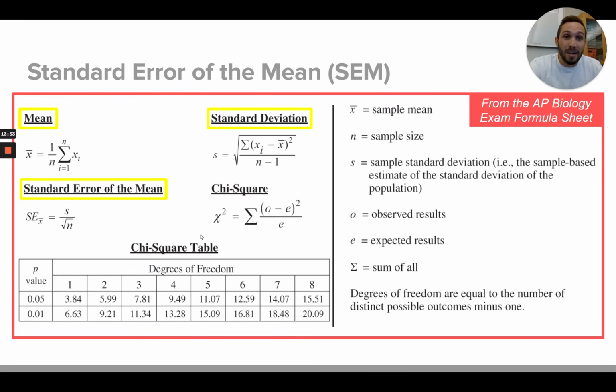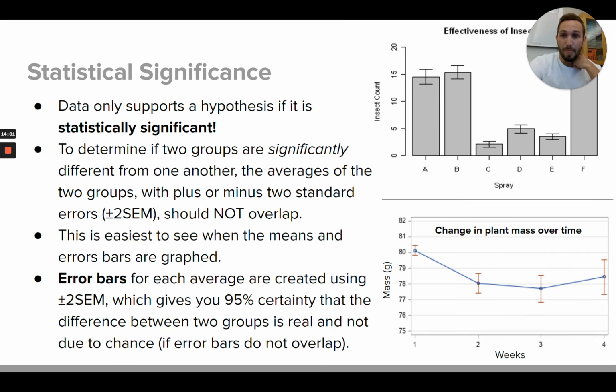Now what you do with that information, that's going to be on you. You're going to have to make meaning of what to do with that value and what that value ultimately means for your data. So let's talk about that. Kind of what I was suggesting at the beginning of this video, data in science only supports a hypothesis if it's statistically significant. If you want to make a claim and you have data that you think supports that claim, just because you think it's convincing enough, that this plant grew more than this other plant, and I think that proves I'm right, well, no one cares what you think.